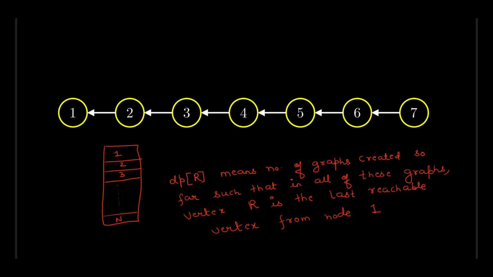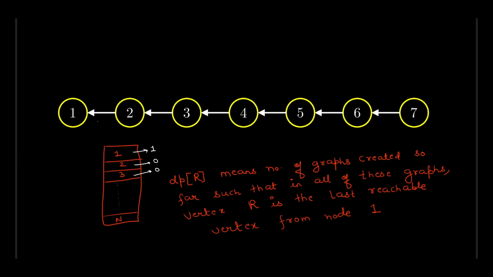So you start with this dp definition, and initially in this line graph, what will the dp values of everything be? There is only one graph where the last reachable vertex is 1, and these are all zeros.